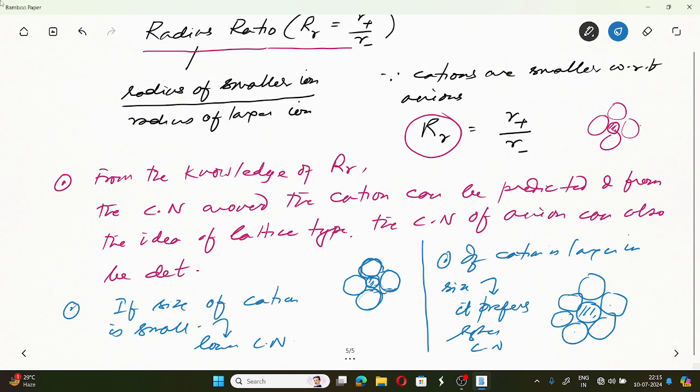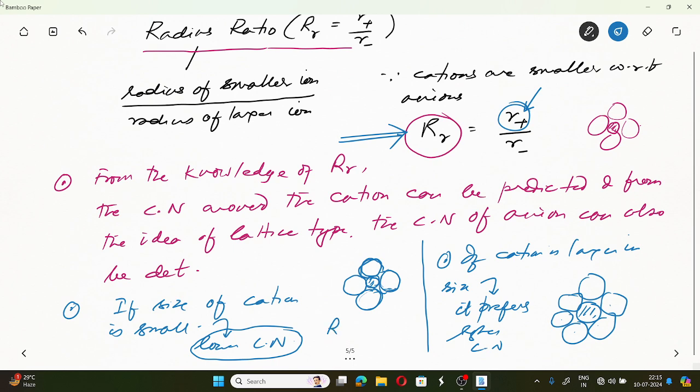See, if the cation is smaller in size, then what will happen? Radius ratio will be lower. If this is small, the radius ratio value will be lower. That means if the cation is small in size, it will permit lower coordination.